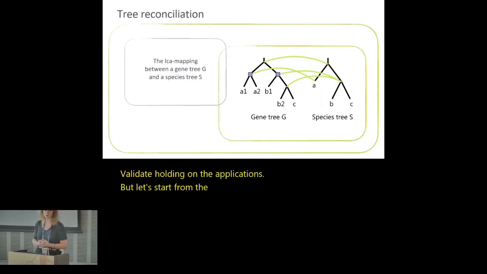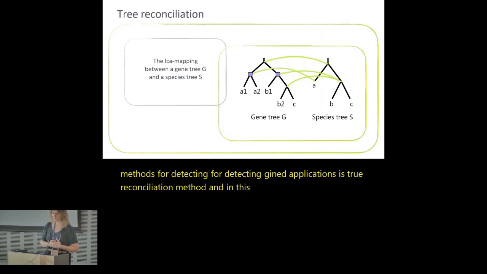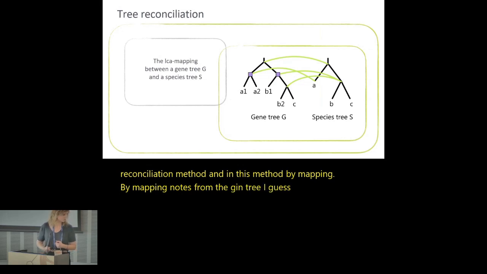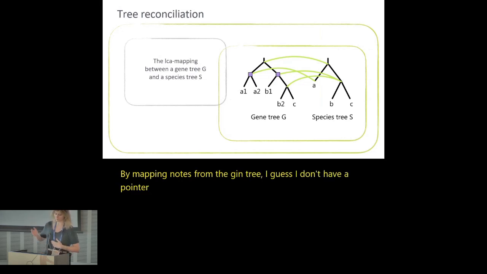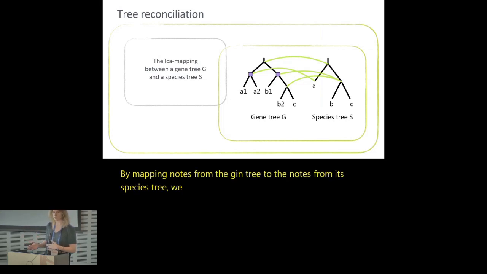One of the standard methods for detecting gene duplications is the tree reconciliation method. In this method, by mapping nodes from the gene tree to the nodes from its species tree, we can infer the locations where the duplications have occurred during evolution.